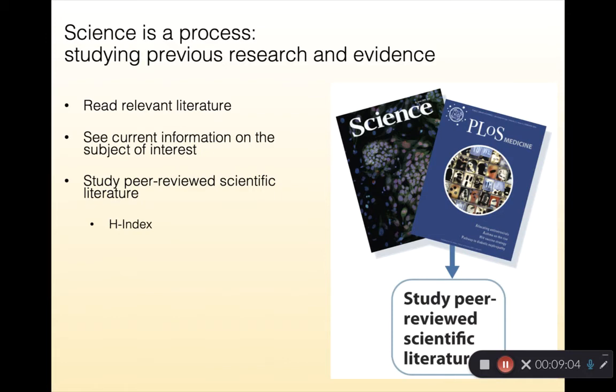Some journals, like the one this hydroxychloroquine study was published in, the New England Journal of Medicine, have a very high impact factor of around 70. When you start looking at other journals like the International Journal of Public Health Research, you might see an impact factor of something like 2 or 3. So a good way to briefly judge whether a study is credible is to look at the impact factor of the journal.